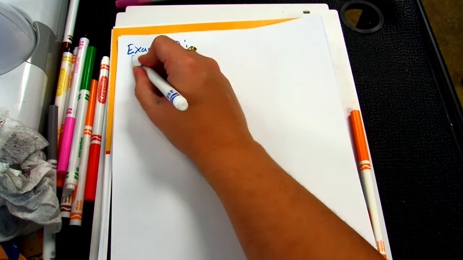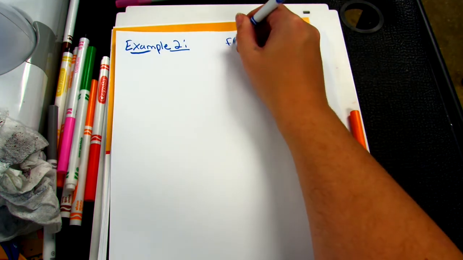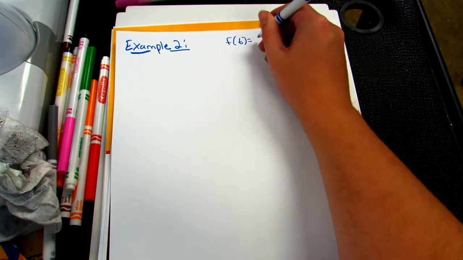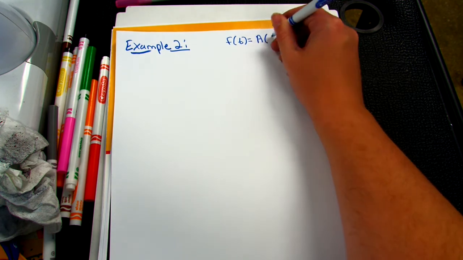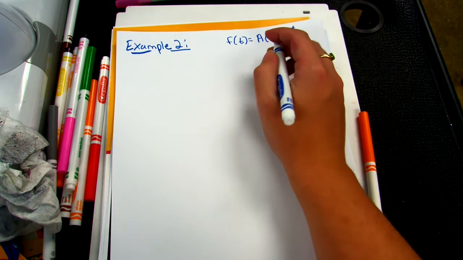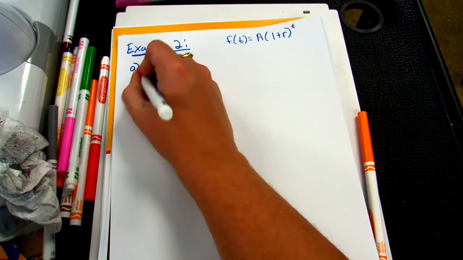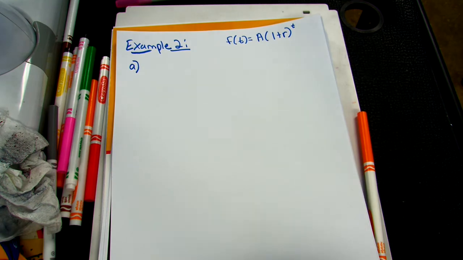And they told us, so let's think about it like this. First of all, let's write what a general exponential growth or decay function looks like. It looks like this. f of t equals a times 1 plus r to the t power. So they tell us in part A that we're starting with 64 teams.